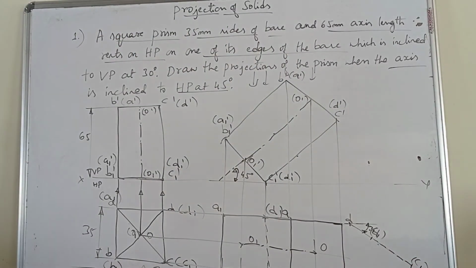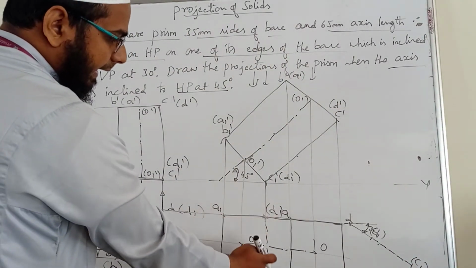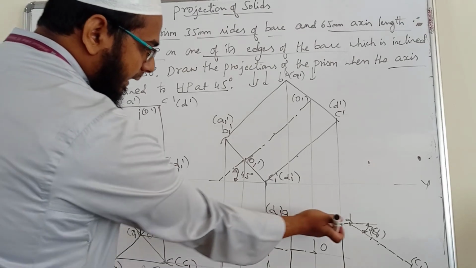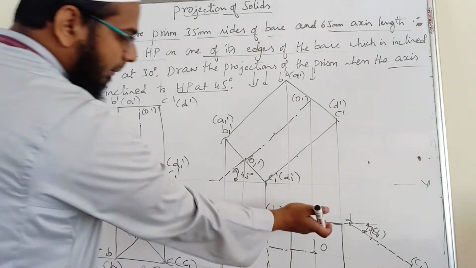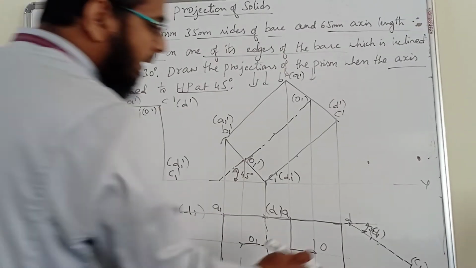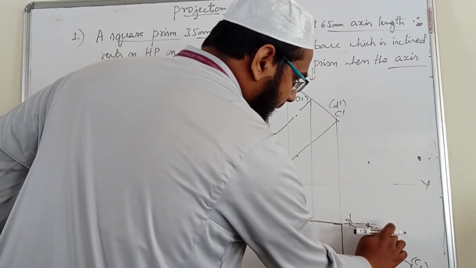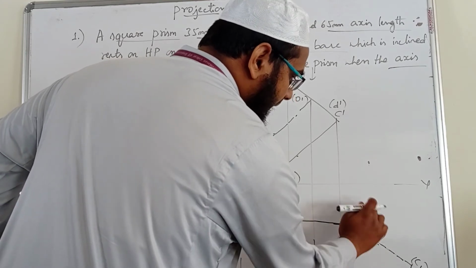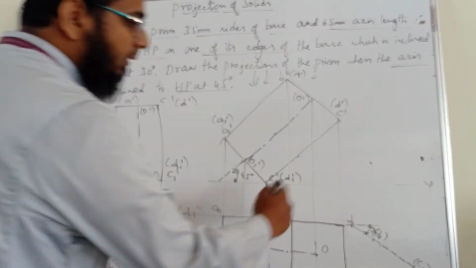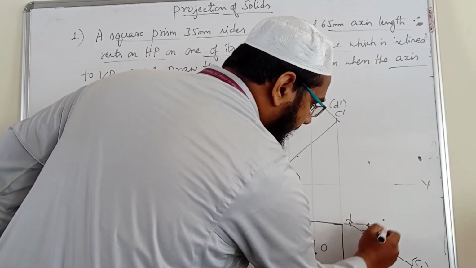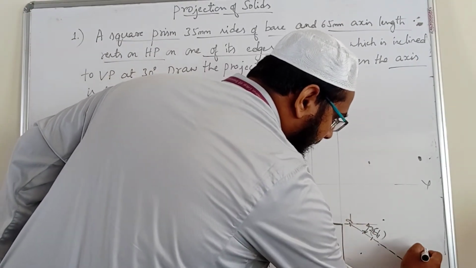Now in this question, these two lines are exactly perpendicular to this D1 C1 line, right? So take the protractor and mark 90 degrees on both sides, because these lines are exactly perpendicular to this.